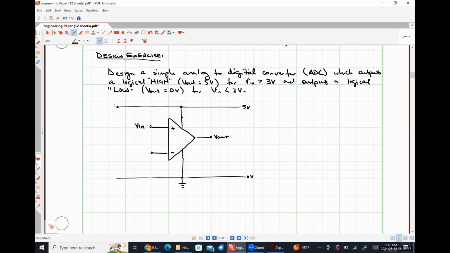And now between these supply rails, I'm going to put some resistors. Okay. So my ultimate goal is for the voltage drop across this resistor down here to be 3 volts. Anybody have any thoughts on how I might accomplish that?